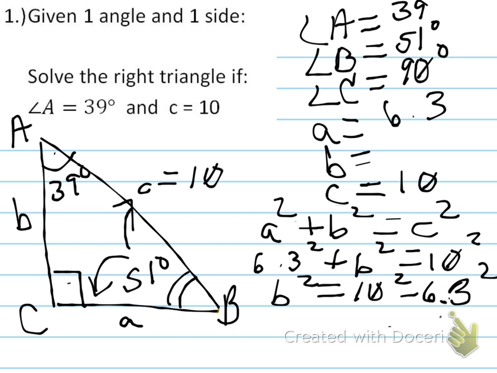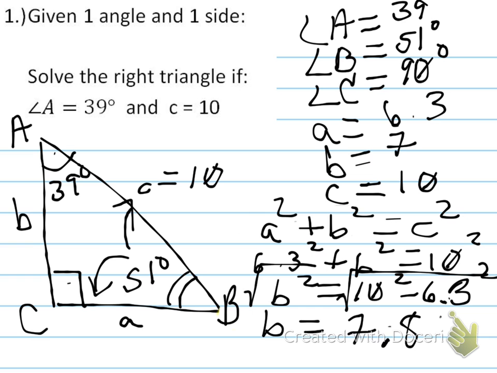And if I want the B by itself, I need to take the square root of both sides. So I would get that B equals 7.8. And I am rounding just to one decimal place here. And I have solved this right triangle.